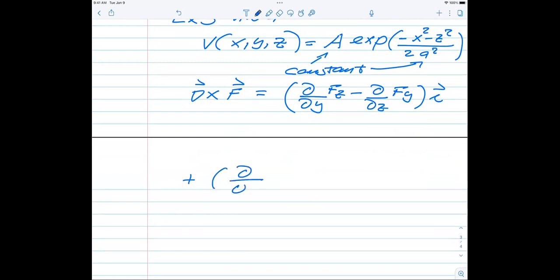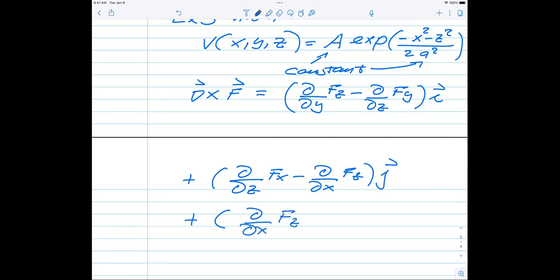Then we would have d/dz of f_x minus d/dx of f_z, times j, the component along the y direction, plus d/dx of f_y minus d/dy of f_x, multiplied with k.